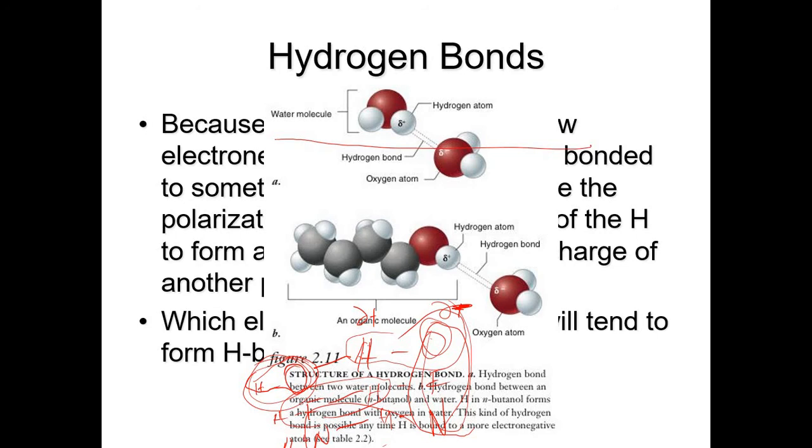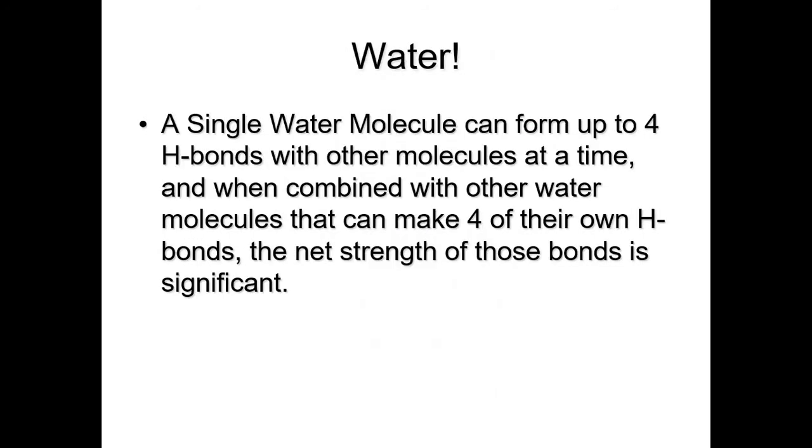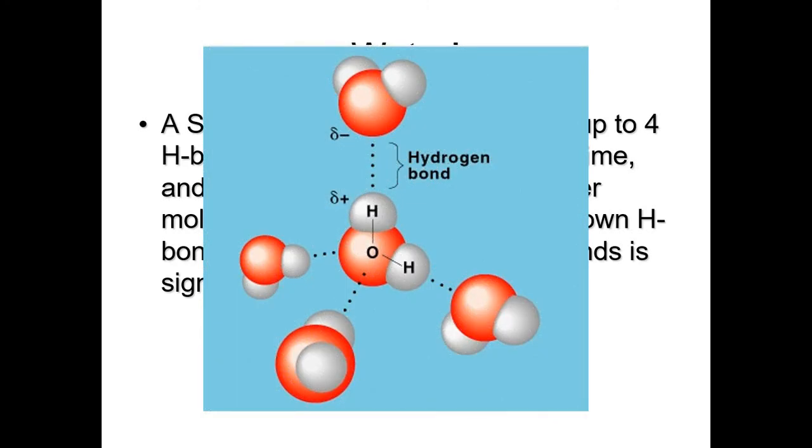So for example, in water, a single water molecule can form up to 4 H bonds. So how? This is the structure of water, diba? H2O. Okay, so because we have this O-H, this is a highly electronegative difference, diba?